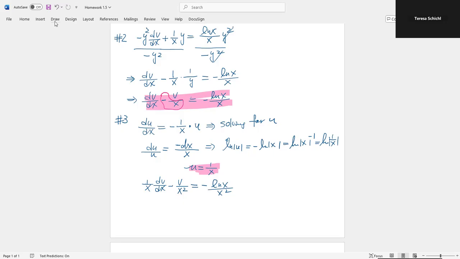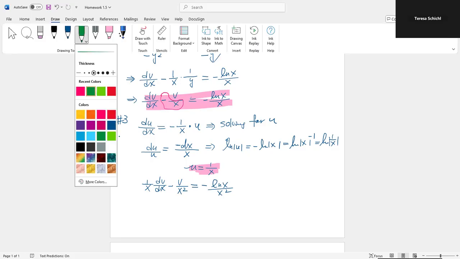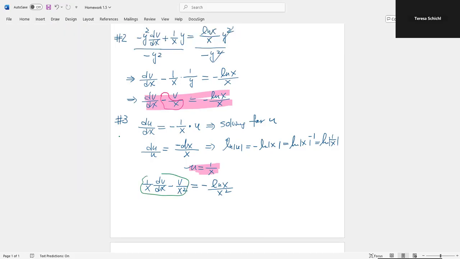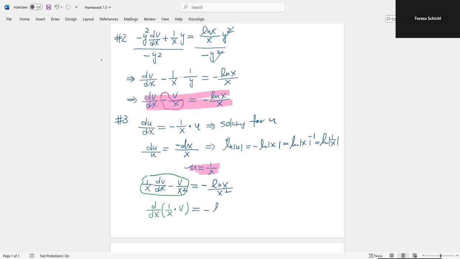Then, like always, we recognize this is the derivative of a product function. What is this product function? It is 1 over x times v.